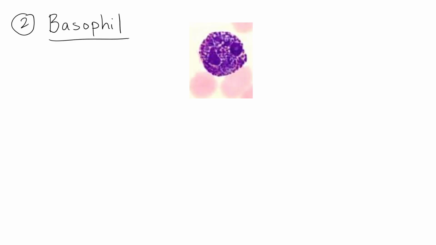Okay, let's talk about the next white blood cell or leukocyte in our slideshow. So this leukocyte is called a basophil. And there's actually a related white blood cell, a leukocyte that's related to basophils, and it's called a mast cell.